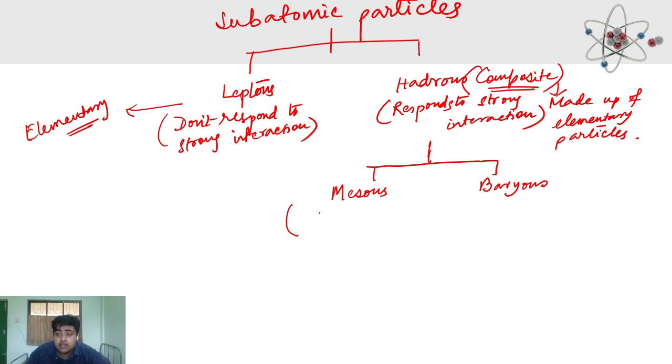These elementary particles are quarks. We will discuss quarks very soon. So, for the time being, mesons are made up of a quark and an antiquark. This denotes quark and this is an antiquark. And baryons are a combination of three quarks.